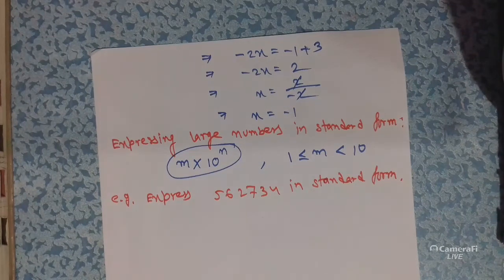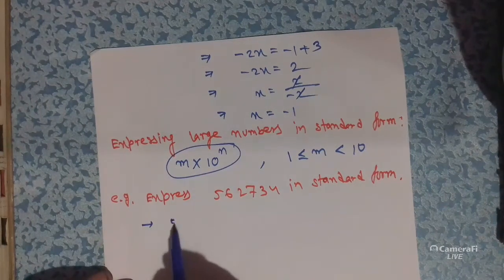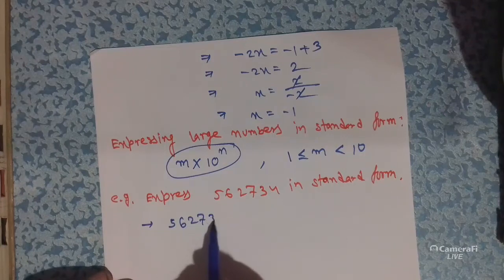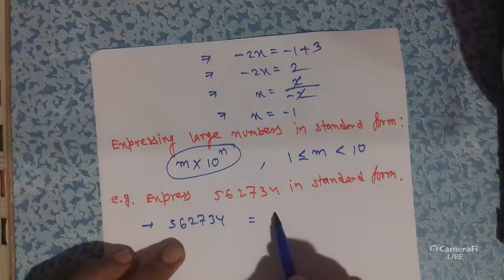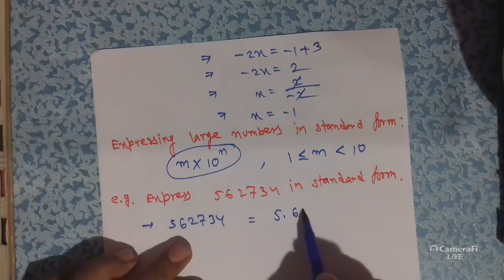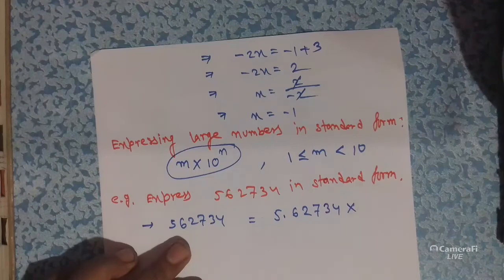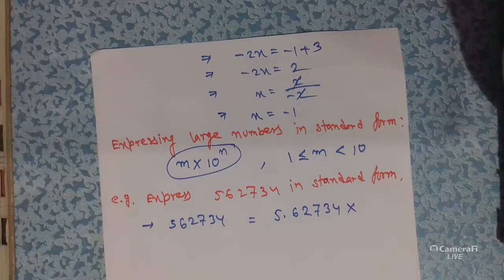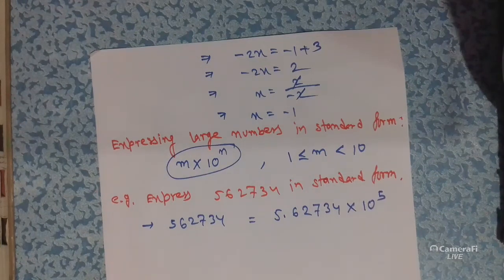So here this number can be written as 5.62734 multiply 10 to the power 5.